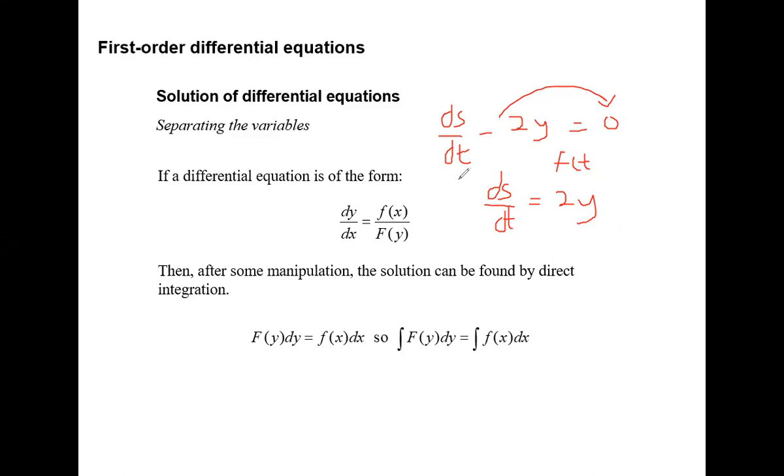The function is a function of displacement and velocity. So this should have been s, pardon me, this is s. So we divide through by s here and then divide through by s over here.